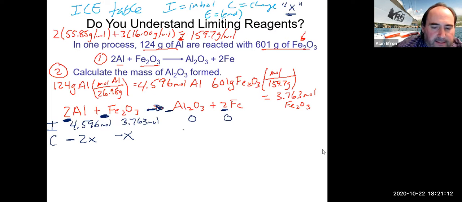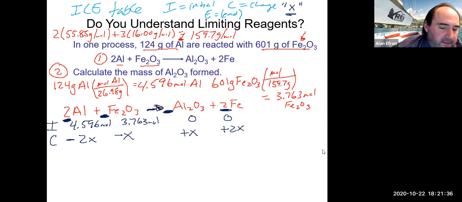On our product side, that's going to be plus x, again the coefficient is 1, and plus 2x for our iron, where the coefficient is 2. The importance of that is to make sure you include those coefficients. Really what that does is the mole to mole calculation that we do in a traditional stoichiometry problem.